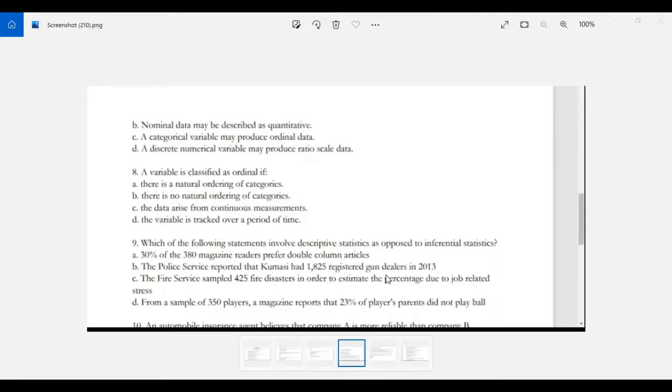So the answer is B, because A, C, and D are all talking about sampling. And that's inferential. Inferential is when you use a sample to generalize something for the whole population. Okay. You get it?